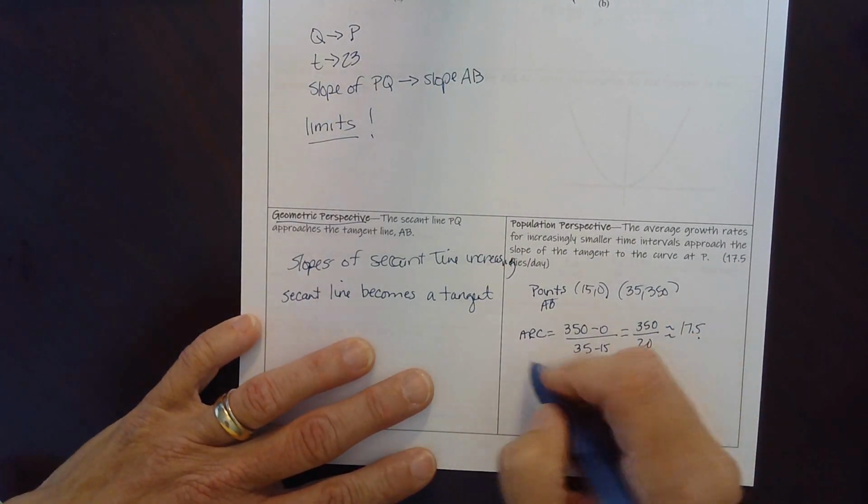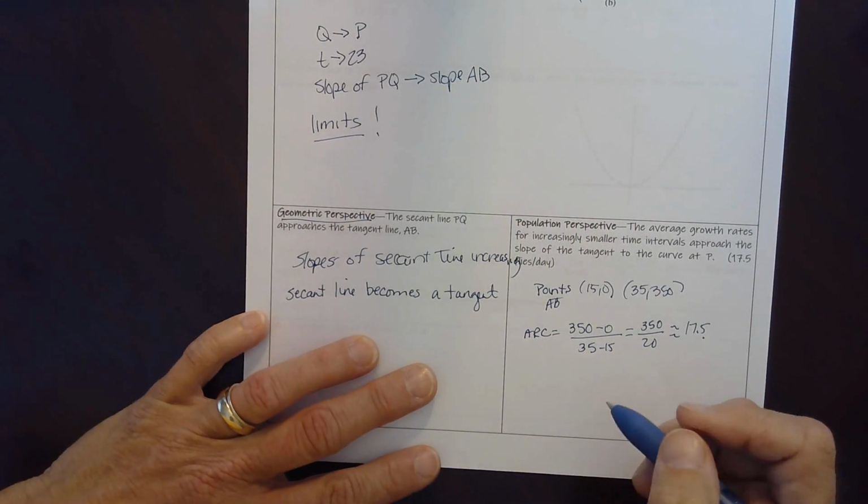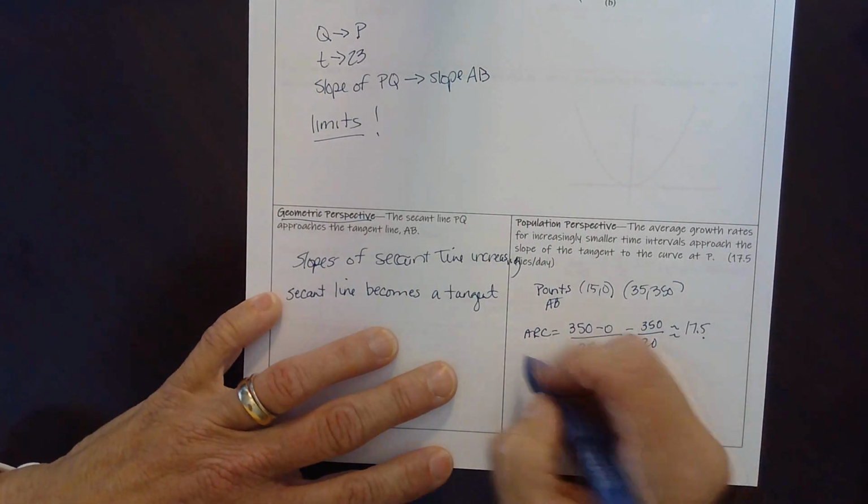So, the slope of the tangent line is going to be, I'll just write it.